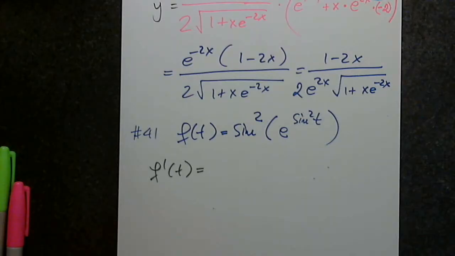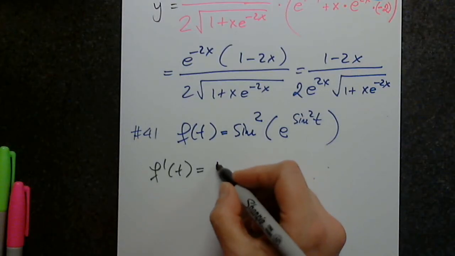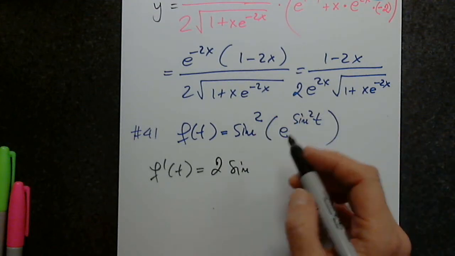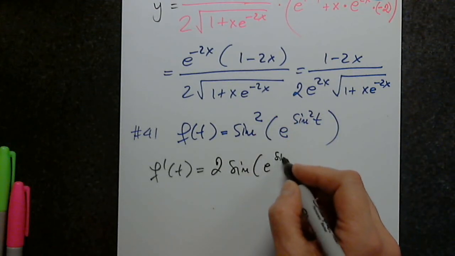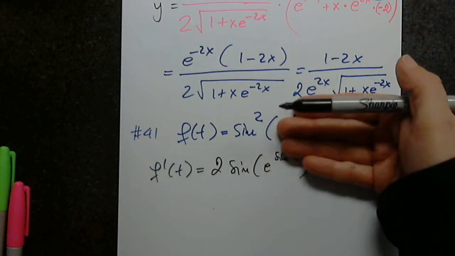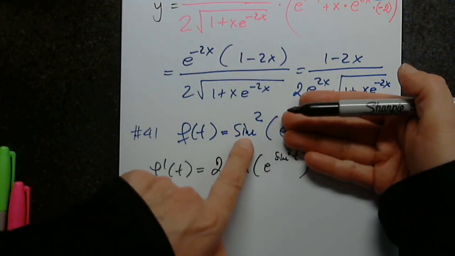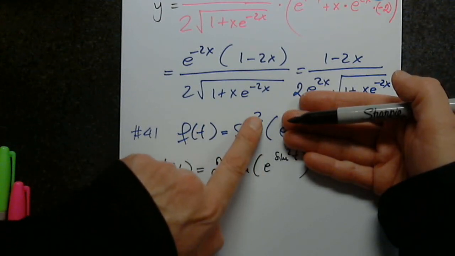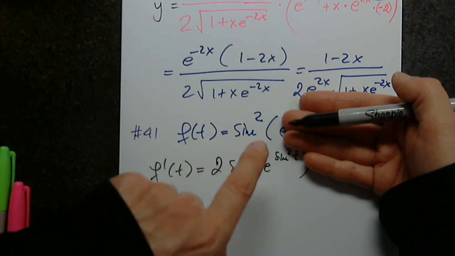What do I write? 2. From 2, I subtract 1, so 2 sine e to sine squared t times the inner function prime.